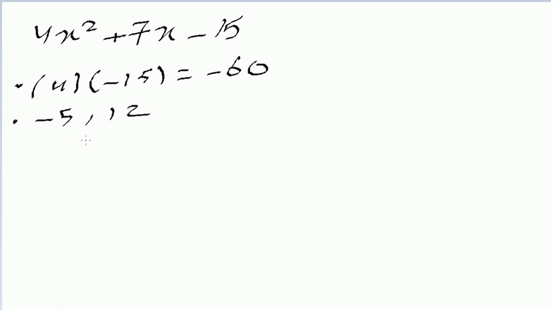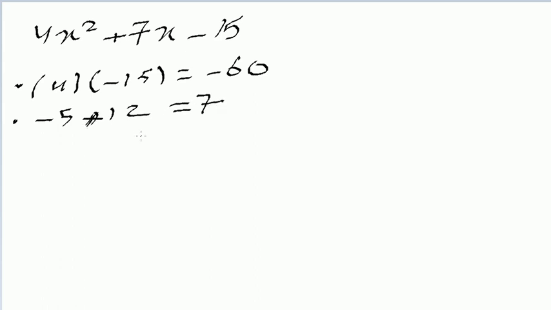These two numbers are factors of 60 and they sum to B, which is 7. Minus 5 plus 12 is equal to 7.